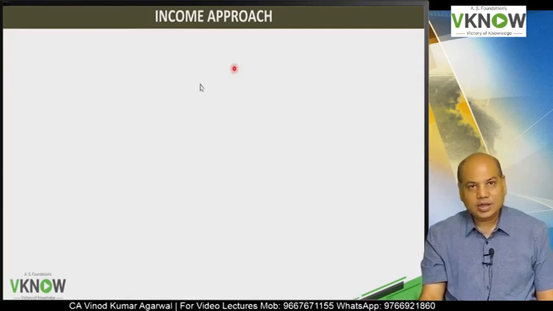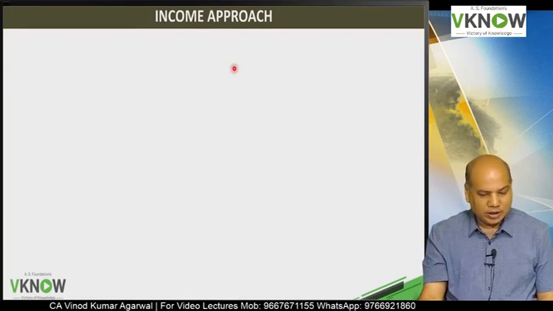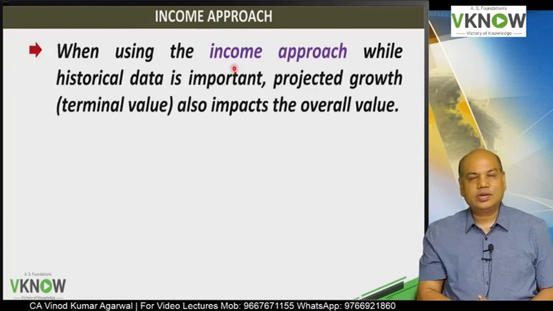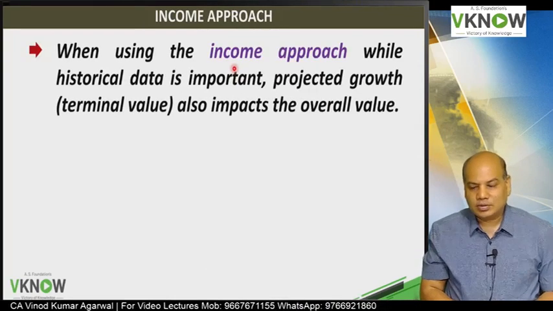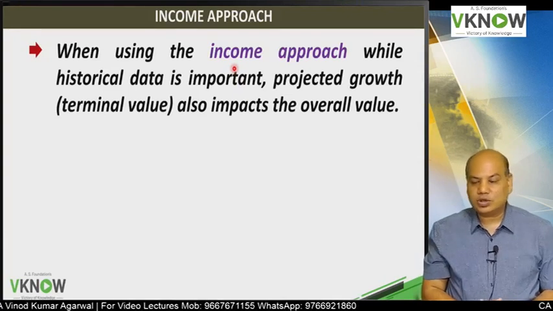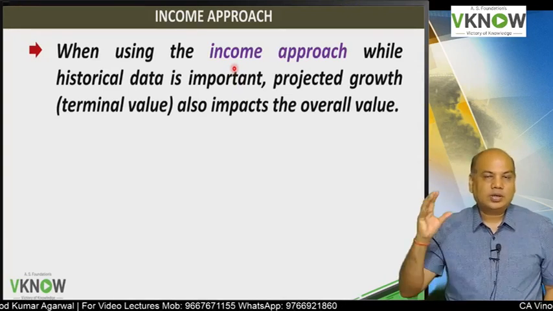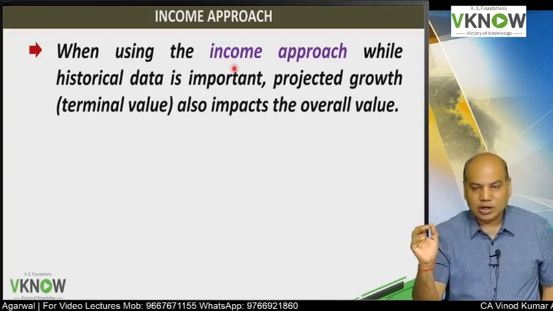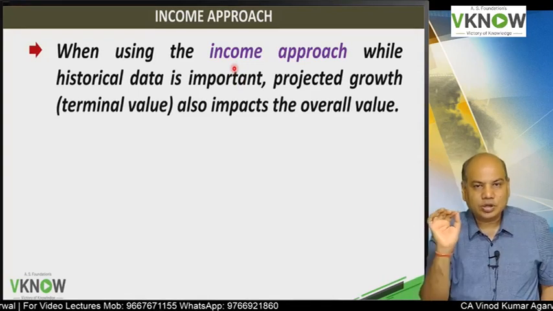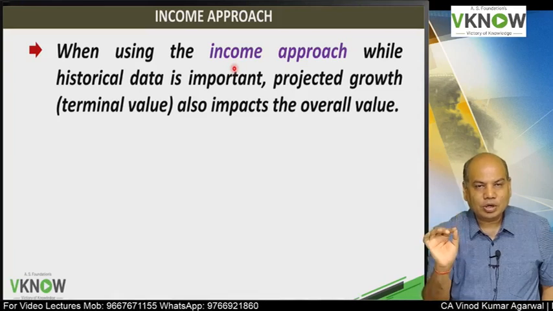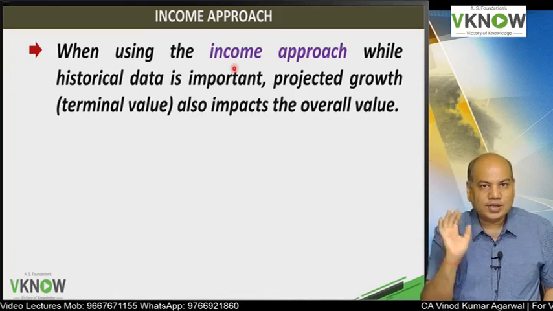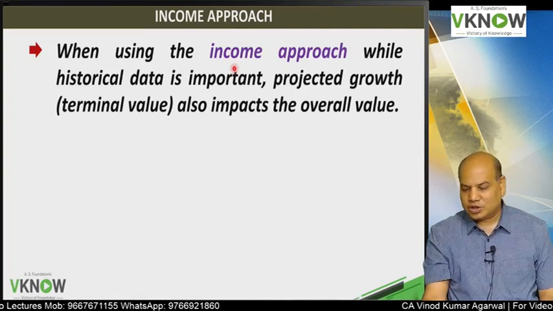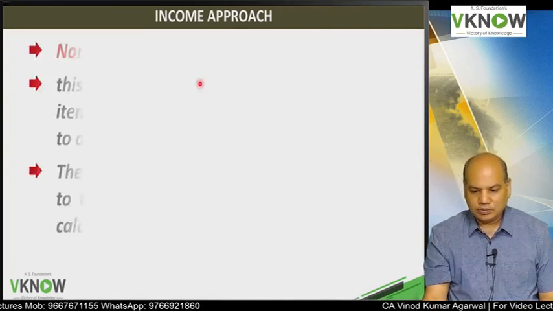Now next is the income approach. Again, under the income approach, there is nothing new to be explained. You have to find out the future maintainable profit or future cash flow, terminal value, and do the valuation using the same methodology which we have already explained to you in the main chapter of business valuation.